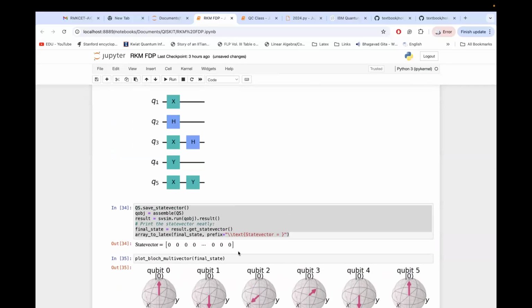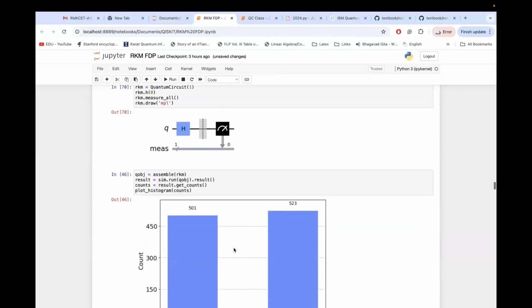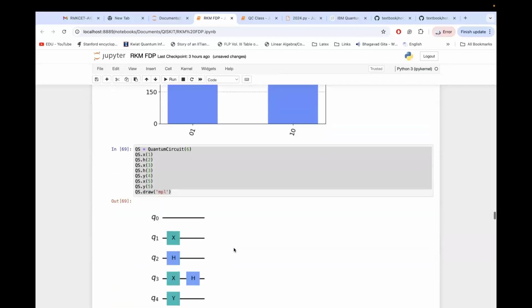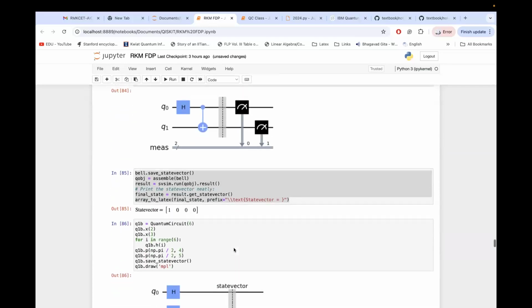Another possible way is the array to LaTeX command. Using that, you can print the quantum state as it is, how you would write the state of the system in pen and paper. Same way, you can write the quantum state of the system using this array to LaTeX command, and you can use the same command to get the unitary operator associated with it.